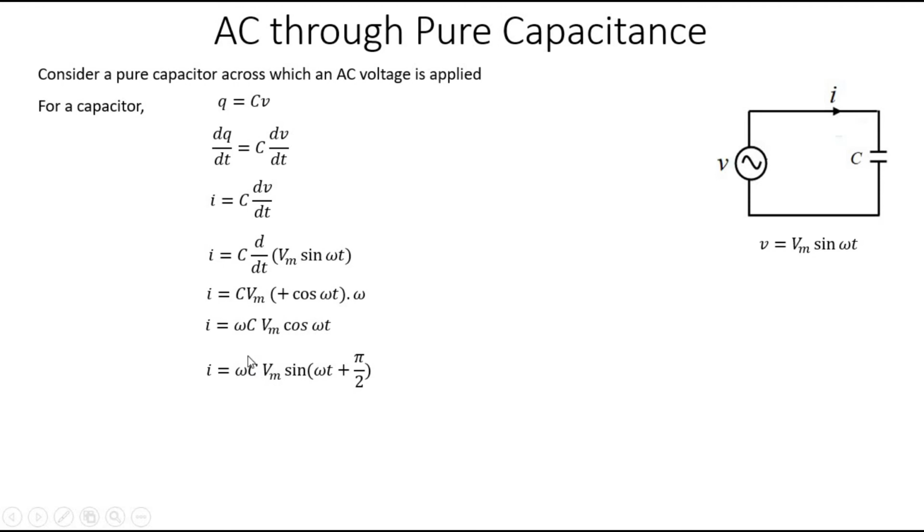As in the case of resistance and inductor, we can write this as Vm by some value. So it is Vm by 1 by omega C, since this is omega C into Vm.